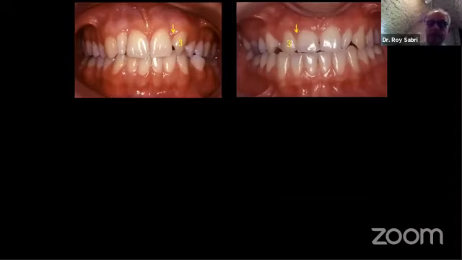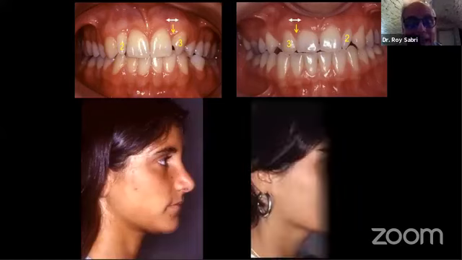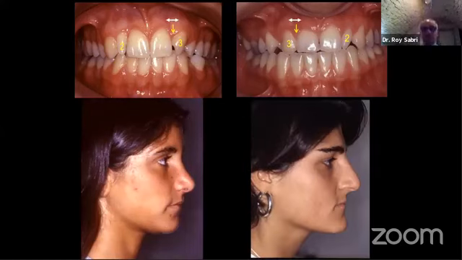Okay, now here we are with two similar intraoral patients. Both have two peg-shaped laterals. They're identical, and missing laterals on the other side. But their profile is completely different.